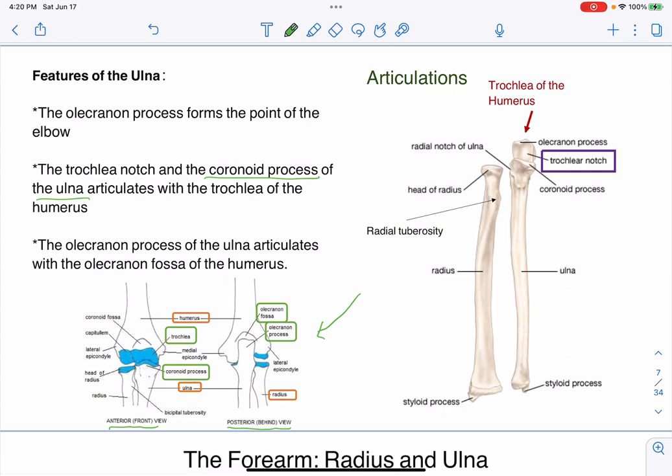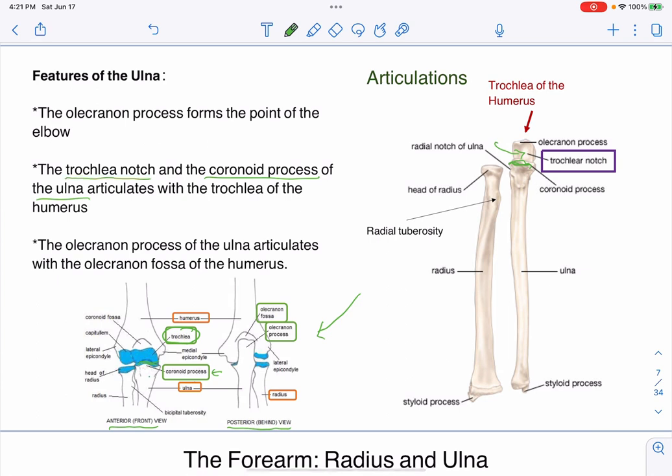So just to be clear, the trochlea of the humerus is going to sit in the trochlear notch of the ulna. You're also going to get an articulation with the coronoid process. So this lip right here is also going to articulate with the trochlea of the humerus, which is what I have spelled up here.